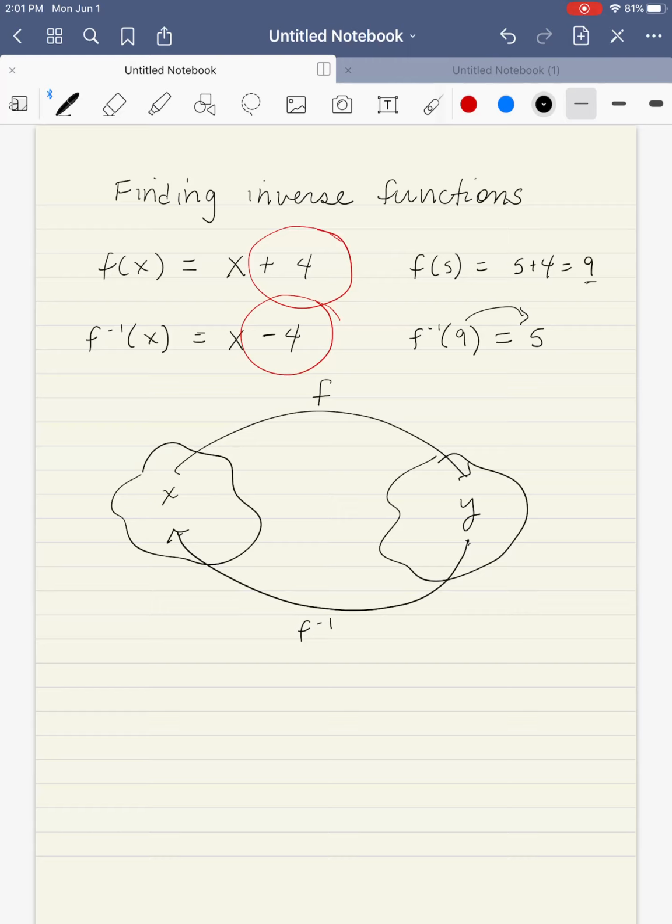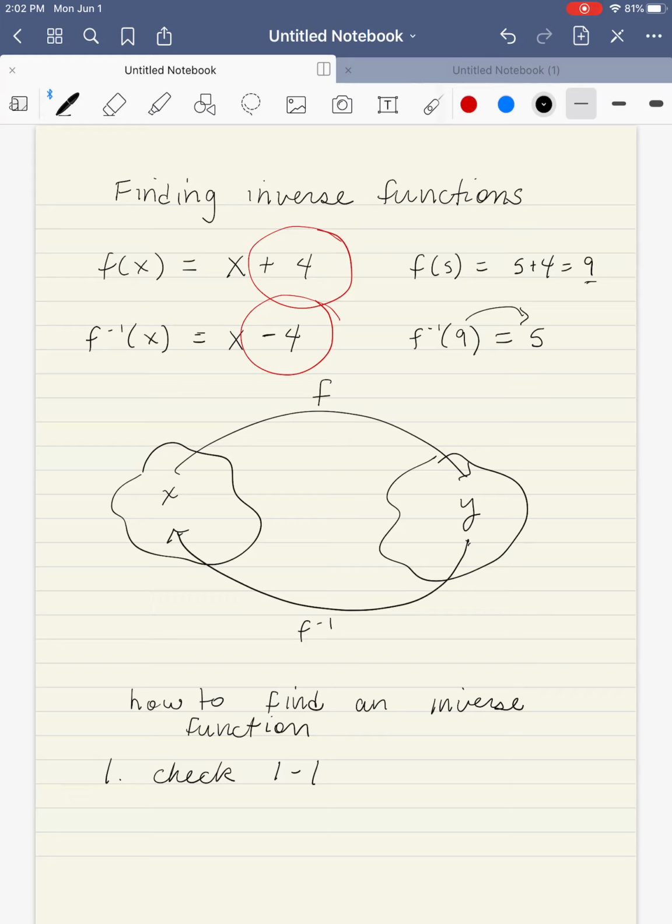What we're going to look at in this lesson is a step-by-step process for finding an inverse function, given some function. Our first step is that we have to check that the function given is one-to-one.